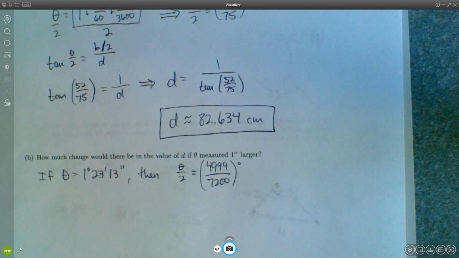Okay, so I'm going to cut to the chase then and say I'm going to use this, but instead of 52/75, I'm going to use this number instead, right? So I'm going to say d equals 1 over tangent of 4,993/7200ths, and again going to 5 sig figs.